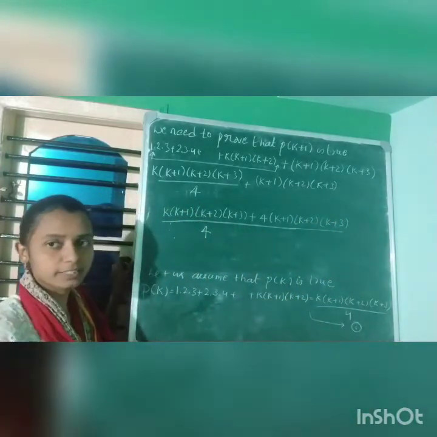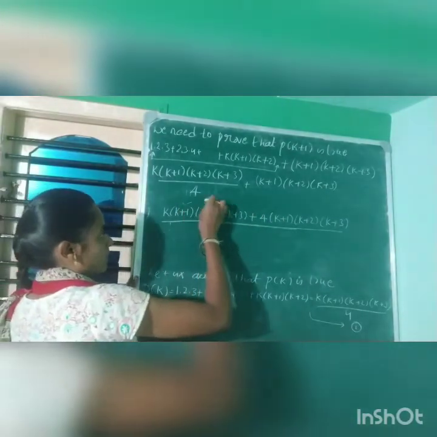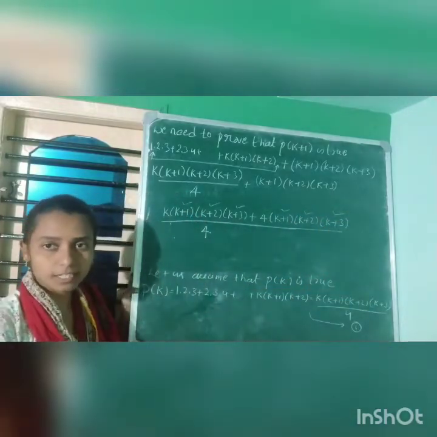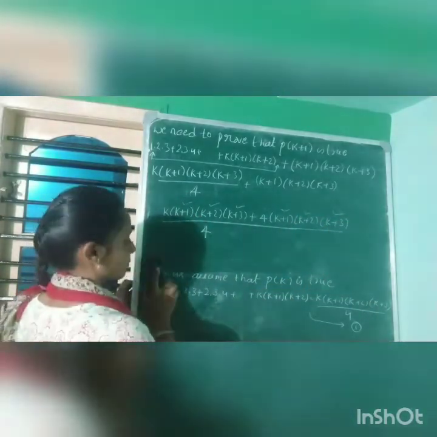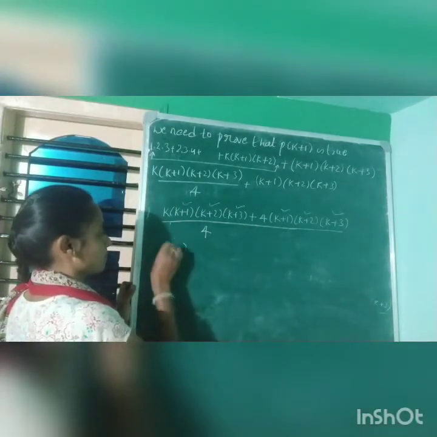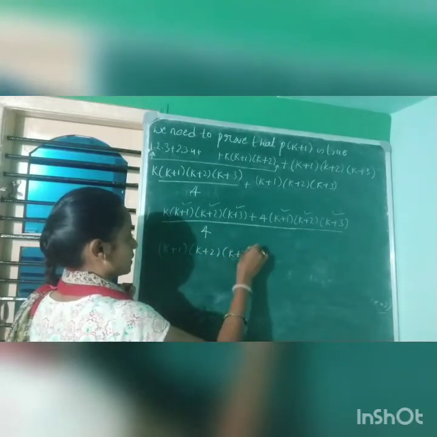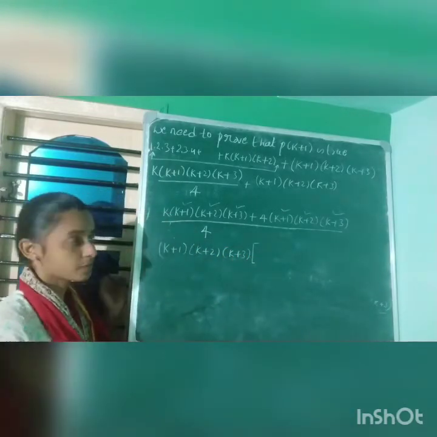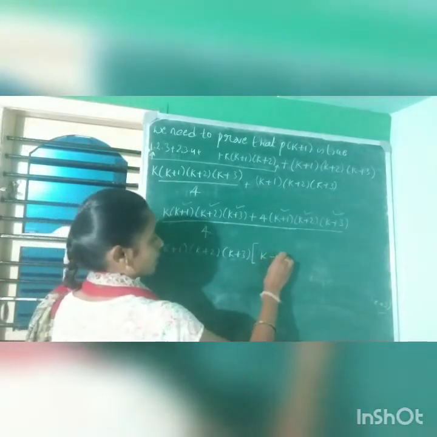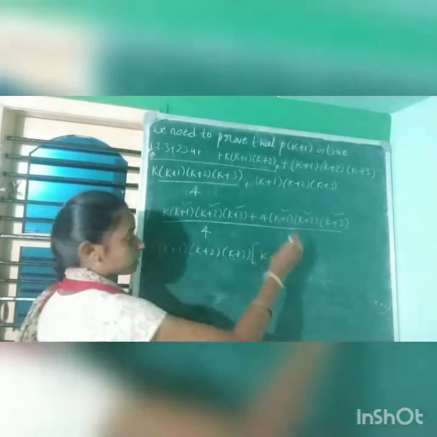Now what I will do is take the common term. Out of these two terms, k plus 1, k plus 2, k plus 3 is common. If I take k plus 1 into k plus 2 into k plus 3 as common from the first term, the remaining is only k. From the next term, all three factors are common, and the remaining is only the constant 4.